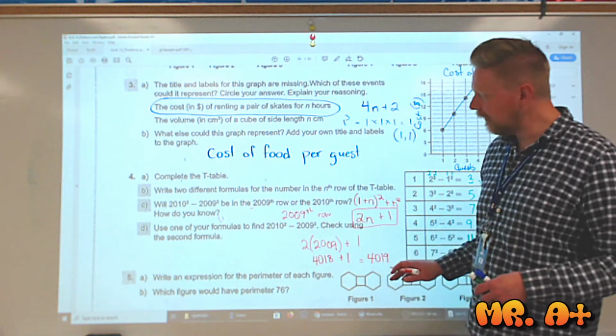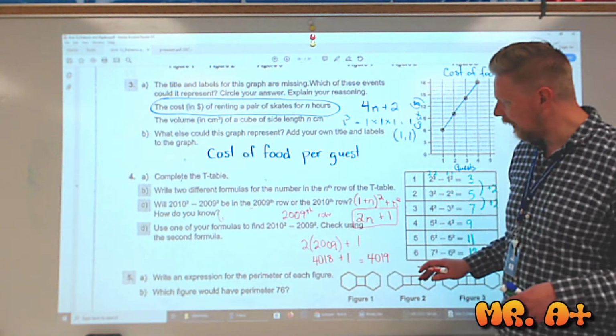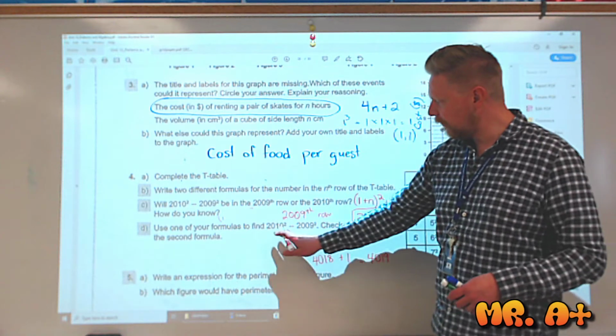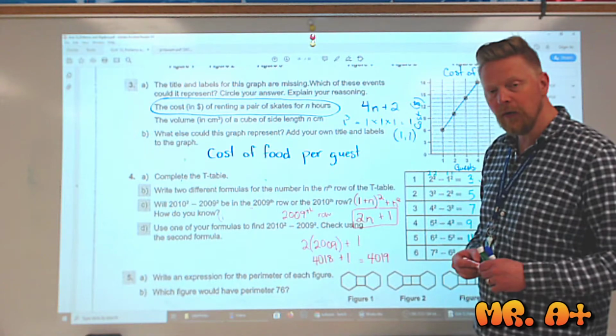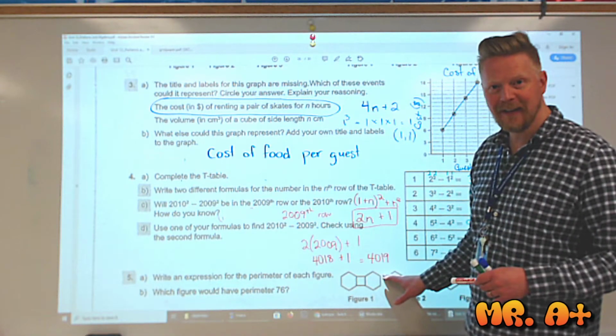Go ahead, use your calculator and substitute in using this formula here, 2010 squared, subtract 2009 squared, and see if you also get 4,019.